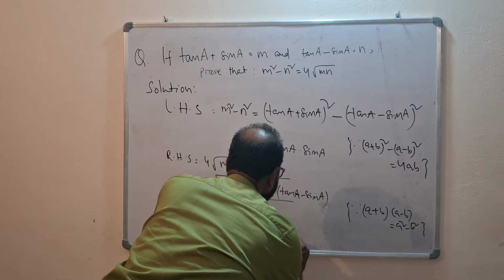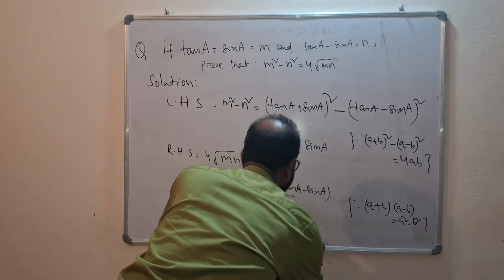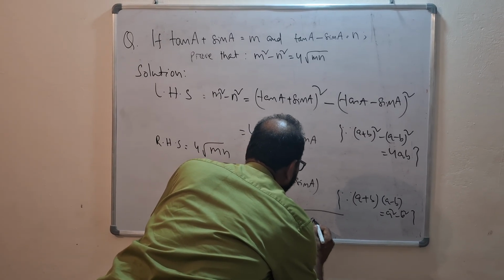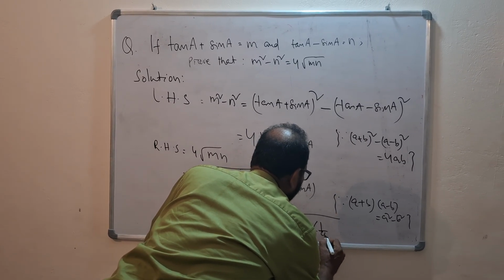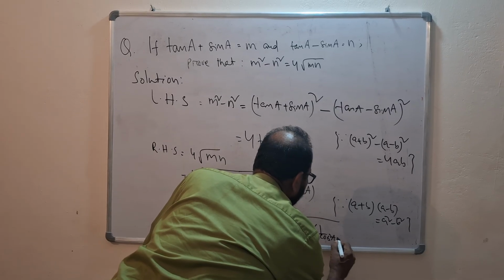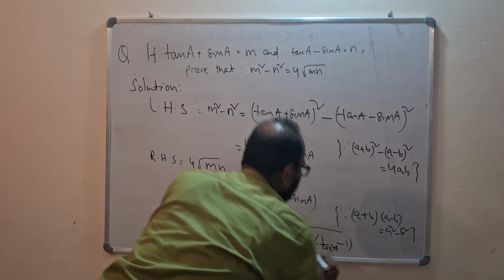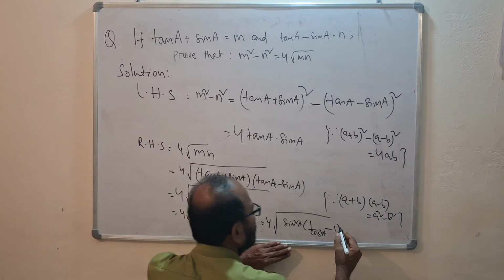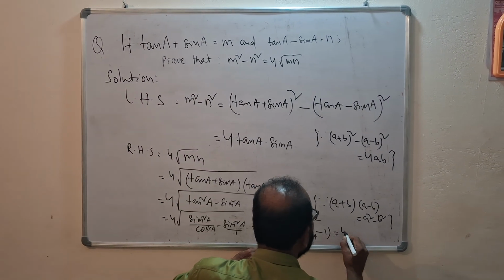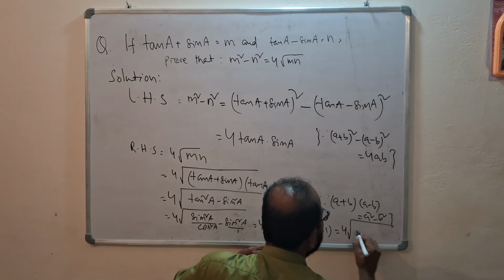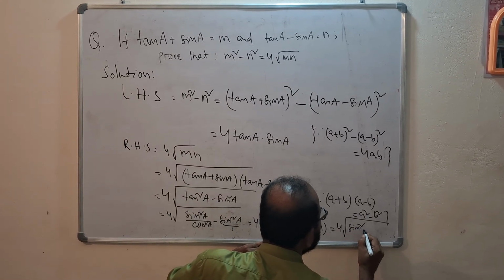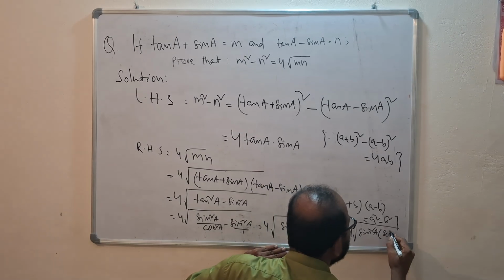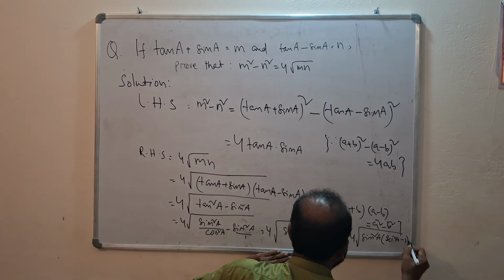So now you will do 4 into square root of sin square A, taking sin square A common, in bracket 1 by cos square A minus 1. So that is equal to 4 into square root of sin square A into sec square A minus 1, since 1 by cos square A is equal to sec square A.